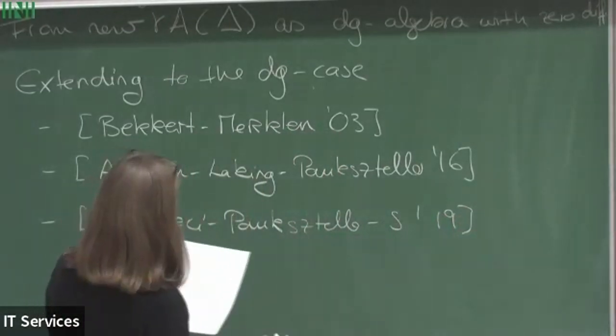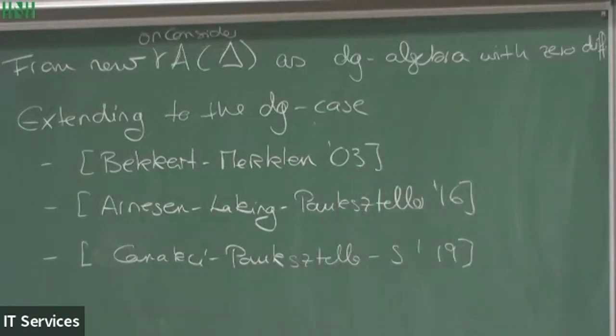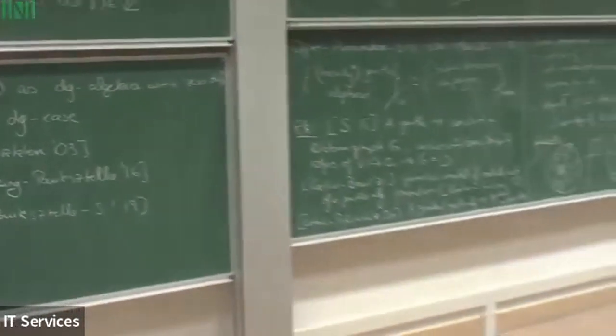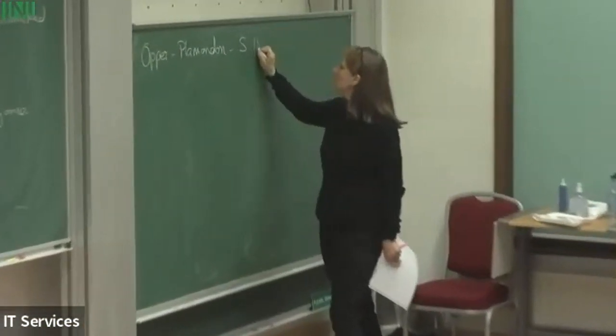And generalizing all that, I can tell you an improved result of a paper of joint work, and this is still joint work by Sebastian Opper, Pierre-Guy Plamondon, and myself.